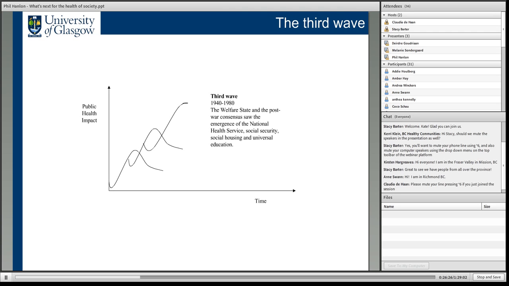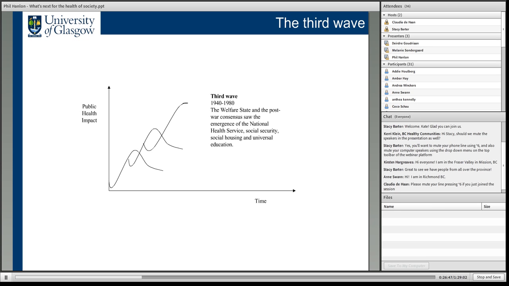And indeed, there's a lot of evidence that during that period of several decades after the Second World War, the state in Europe and in North America succeeded in large measure in doing so. And we saw life expectancy and other health indicators improve accordingly.